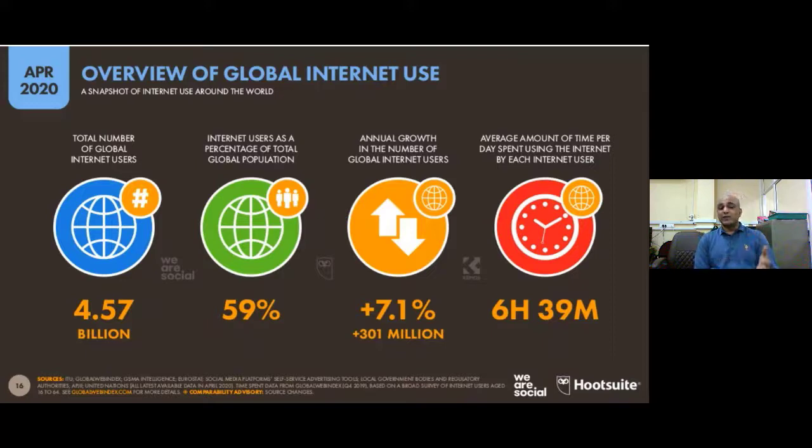Within that, there is a continuous growth of about 7.1%. The average time one spends on the internet is more than 6 hours. Now, this tells you how much technology has got intermingled into our day-to-day life.